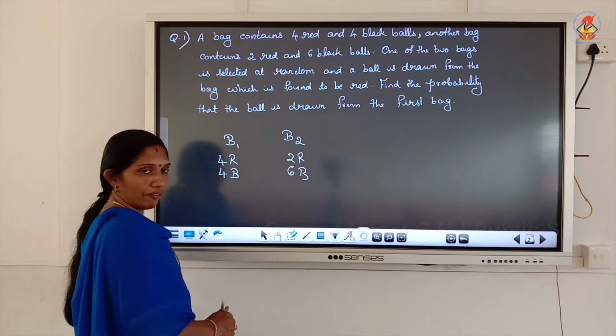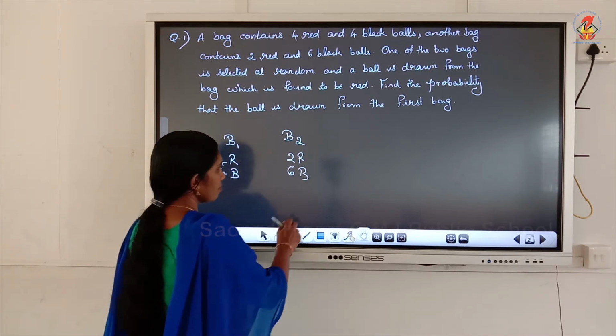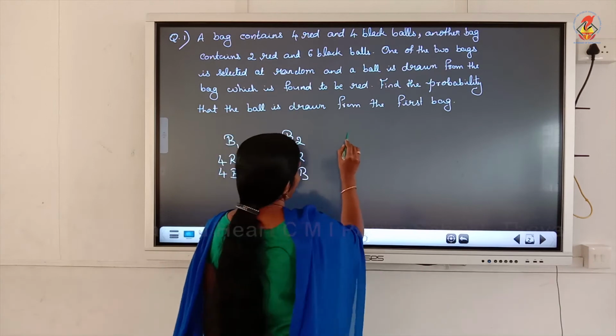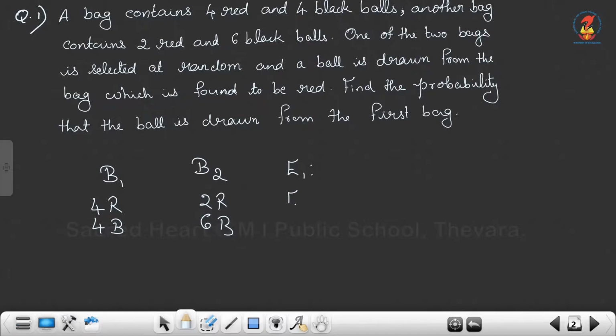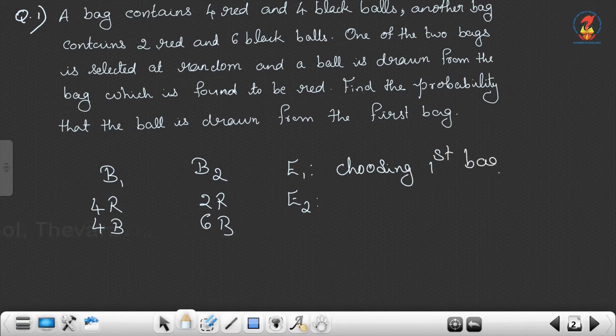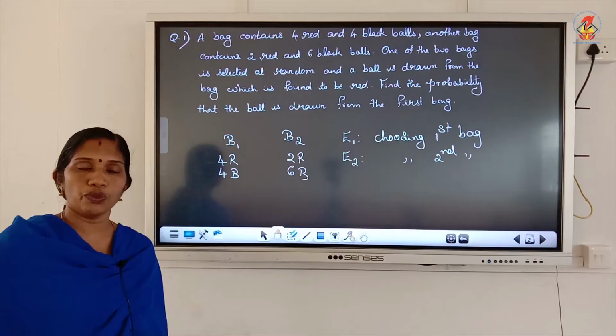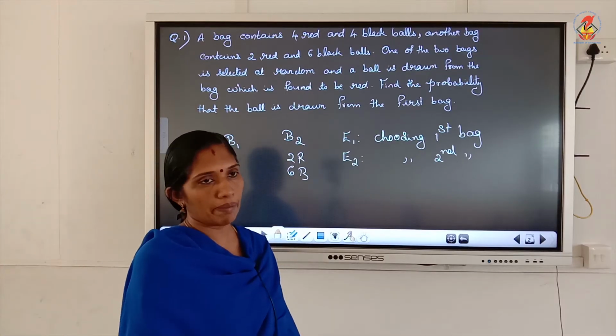So we have to define events. Here we have two bags, so we can define E1 and E2. E1 means selecting or choosing the first bag. Then E2 means choosing the second bag. So this E1 and E2 form a partition of the sample space.